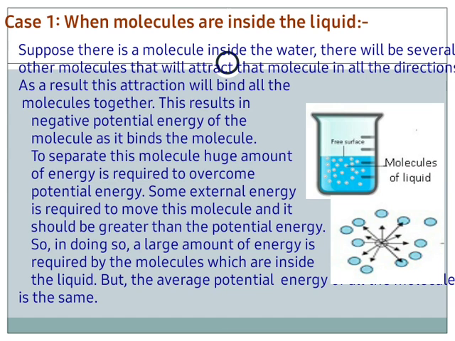Actually, this energy is the amount of heat energy required by the liquid substance to evaporate or vaporize. It is the amount of energy required by the liquid substance to change its state into gaseous form. This energy is quite large. This is called heat of evaporation.